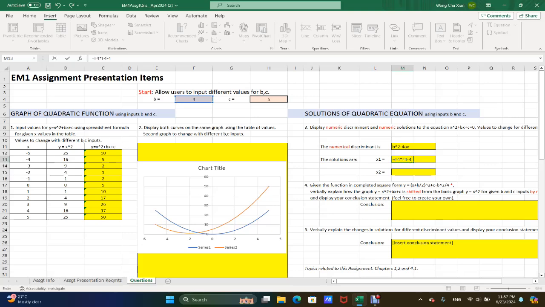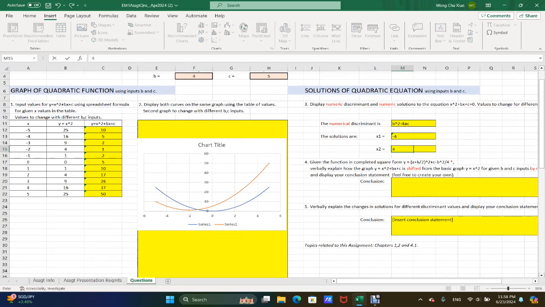A is 1, so multiply by 1. C is decided by this value over here, so it will be 5. The answer you will get is negative 4 for x1, and the second answer will be positive 4.